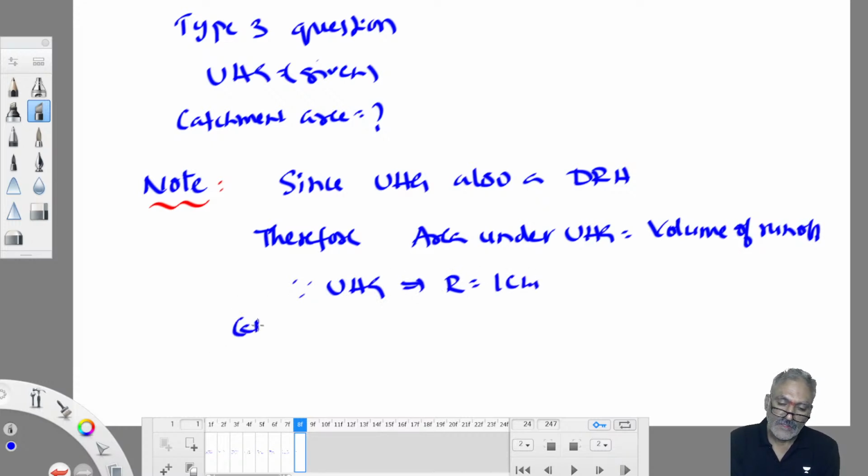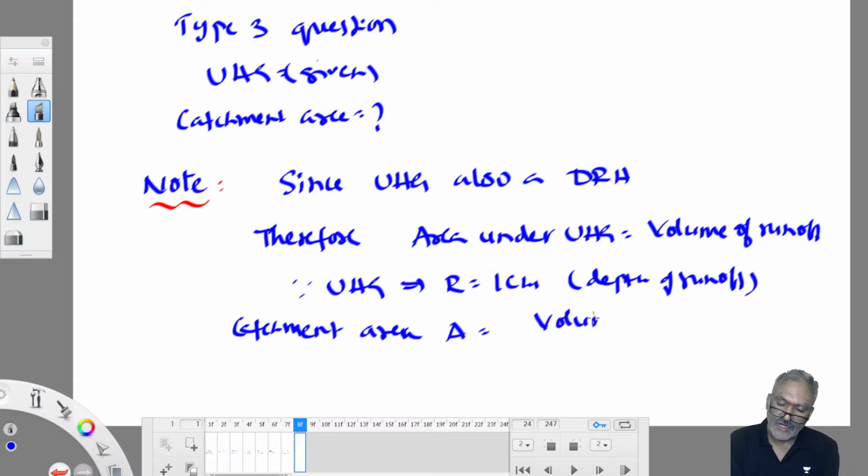Therefore, catchment area A is equal to volume of runoff divided by depth of runoff. What is the volume of runoff?